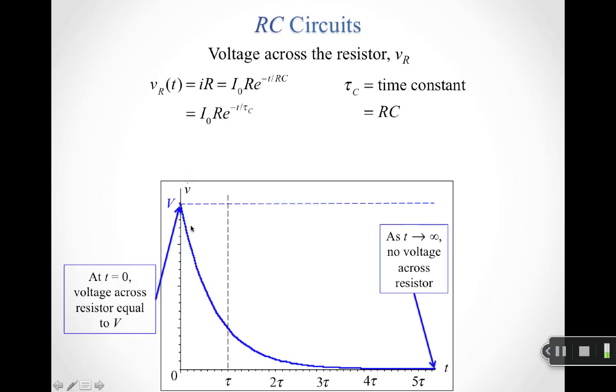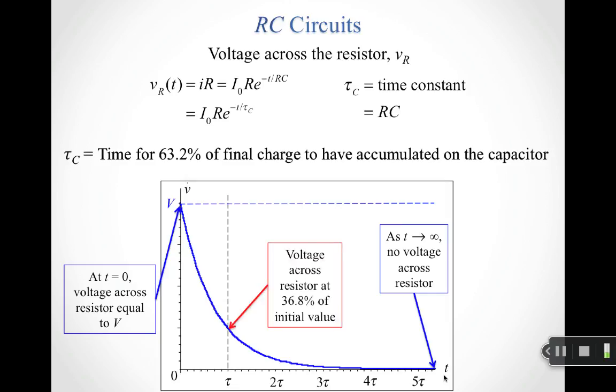So in the same way that the current is decaying in the circuit, the voltage across the resistor is also decaying. By the time you get past about 5 time constants, there's no voltage drop across the resistor anymore because there's no current left flowing through it. So I can think of that time constant as, again, 63.2% of the final charge being accumulated on the capacitor.